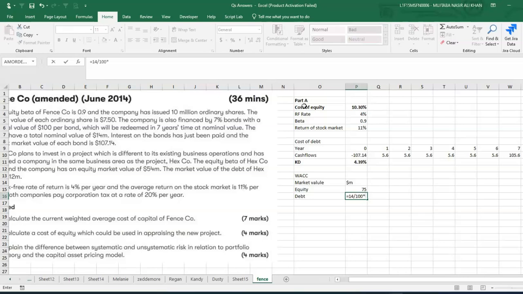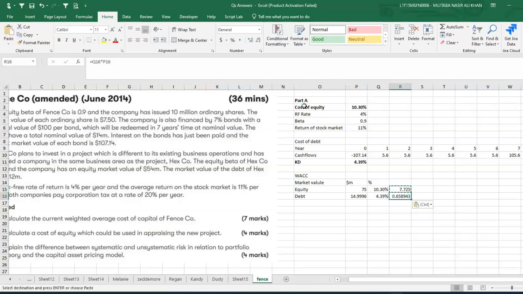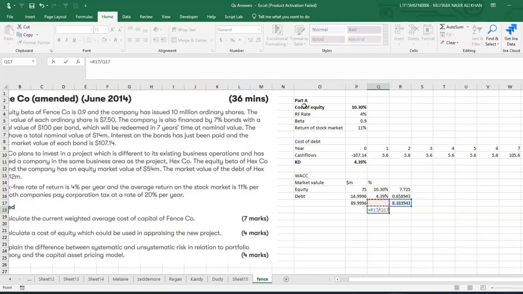And market value is 107.14. Okay. Cost is given. We have already calculated the cost of equity, 10.3. KD is this. Multiply these two, take the total, and calculate the WACC. This is WACC. Okay. That is WACC. Now let's do part B.